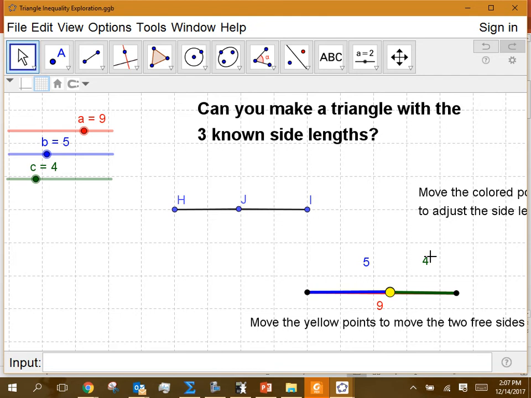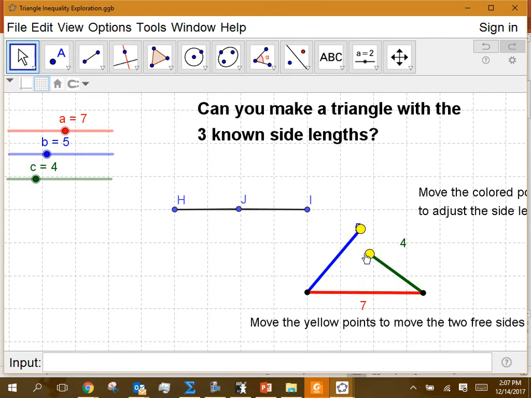So the theorem that we're interested in, in order for you to create a triangle with 3 segments, is that any 2 segments added together should be greater than the third segment. Let's go back to this.